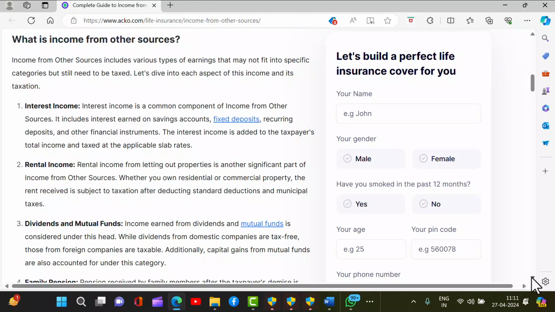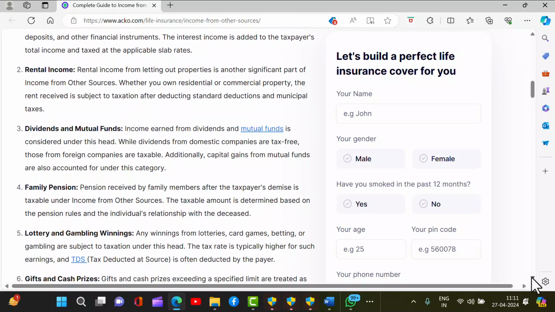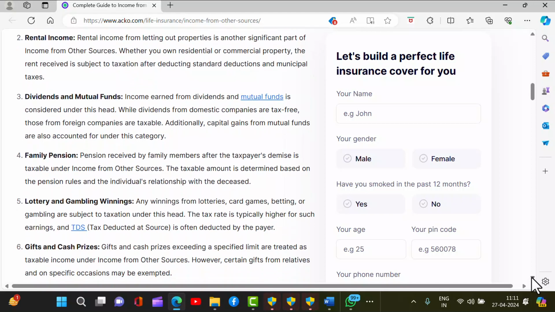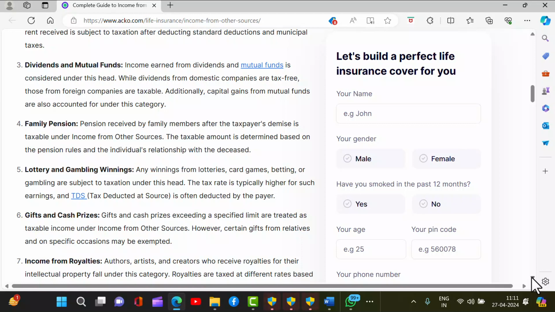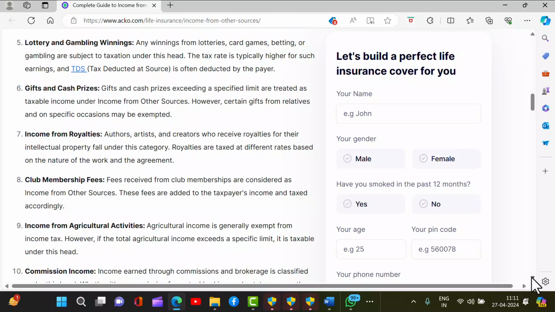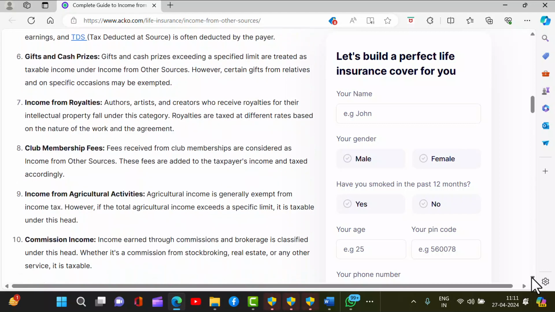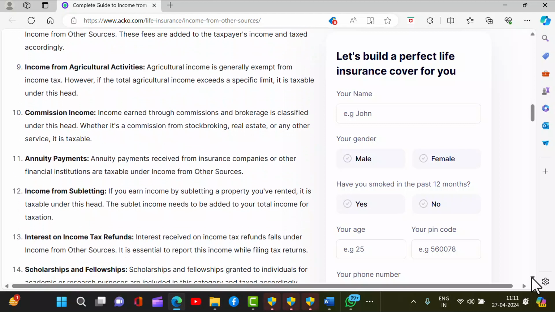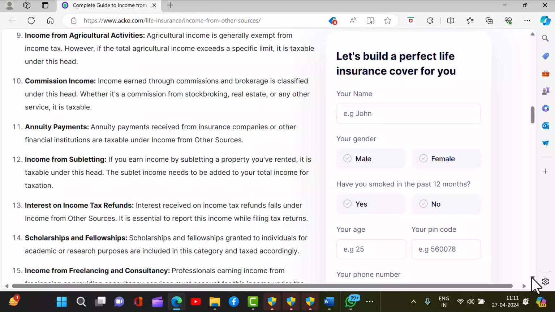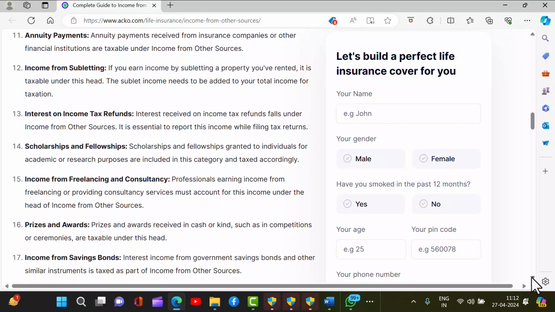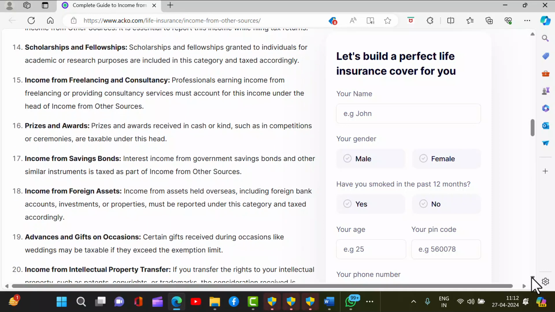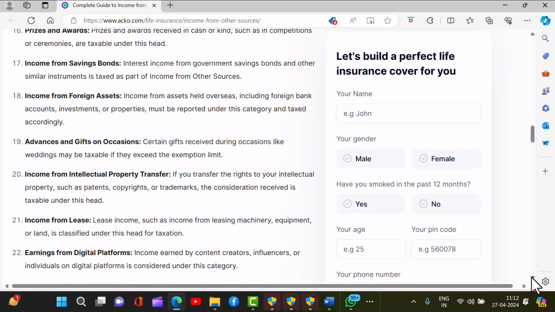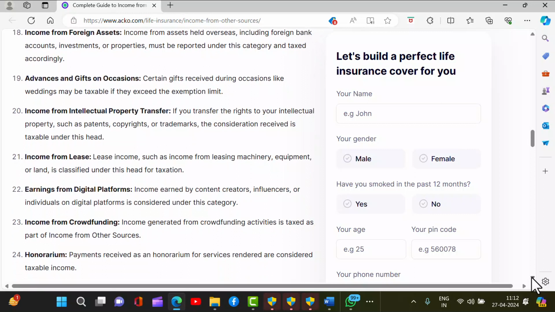Interest income, rental income, dividends and mutual funds, family pension, lottery and gambling winnings, gifts and cash prizes, income from royalties, club membership fees, income from agricultural activities, commission income, annuity payments, income from subletting, interest on income tax refunds, scholarship and fellowships, income from freelancing and consultancy, prizes and awards, income from savings bonds, income from foreign assets, advances and gifts on occasion, income from intellectual property transfer, income from lease, earnings from digital platform, income from crowdfunding, and honorarium.